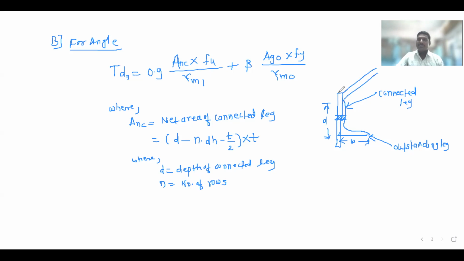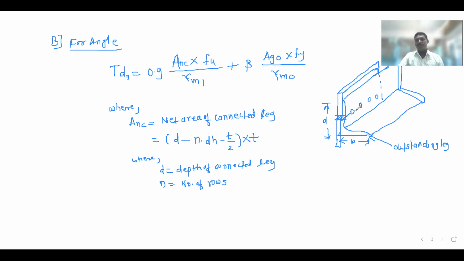See, this is your section, and in this particular section there are 1, 2, 3, 4 bolts.